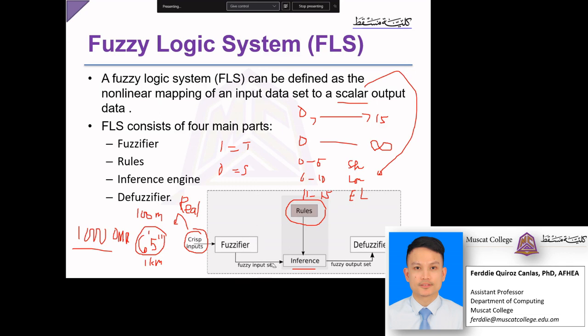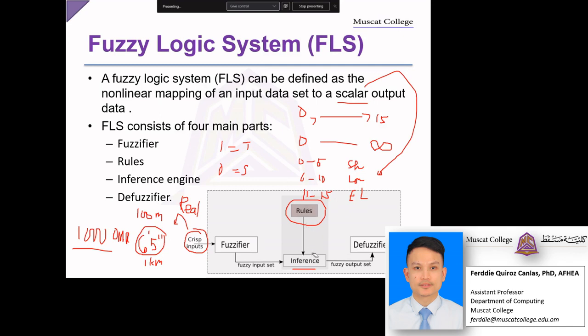We're going to feed these values into the inference engine, and based on the rules, we decide if these fuzzy values we've got are categorized properly into tall, small, or medium.